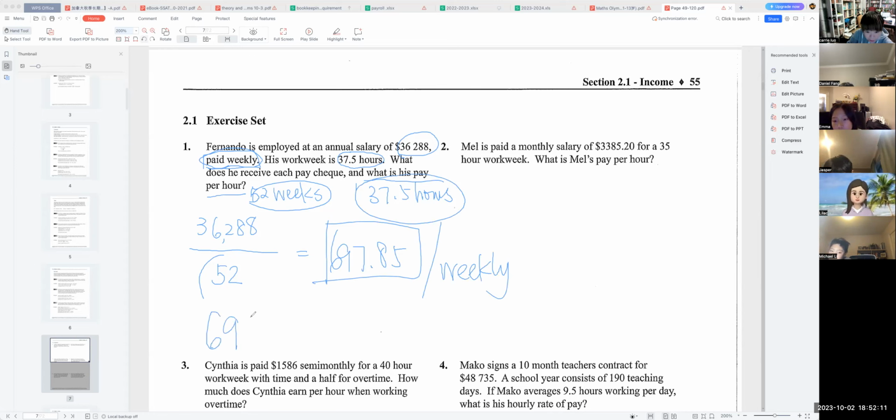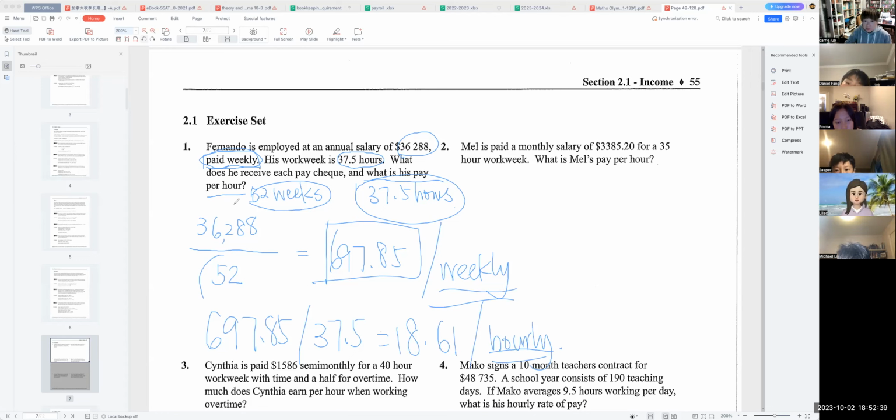So 697.85 divided by 37.5 equals 18.61. So this is hourly pay. Okay, everybody, when you calculate this, you have to have the unit here. Okay, good job, Daniel. You understand it, right?